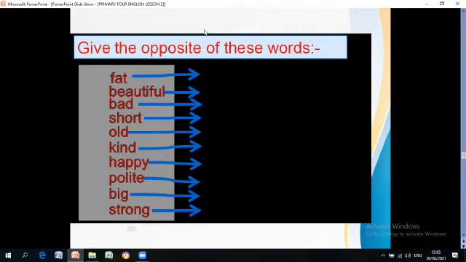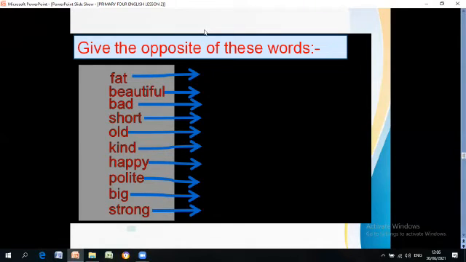The first word is fat, beautiful, bad, short, old, kind, happy, polite, big, and strong. So these are just a few among the other adjectives which we use when we want to describe objects.